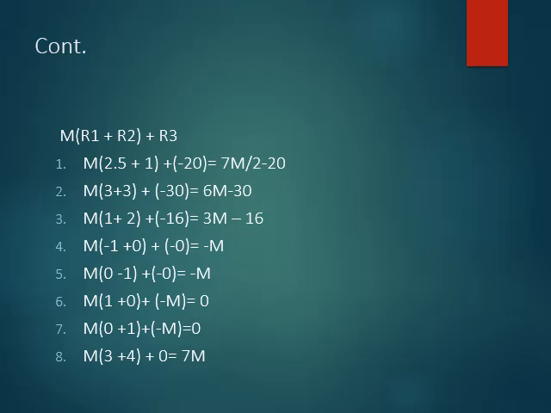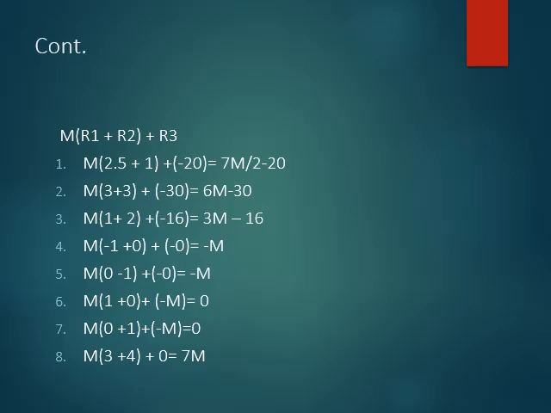Now we are going to apply this formula vertically, looking at the primal table. 2.5 is the coefficient of x1 in row 1, and 1 is also the coefficient of x1 but in row 2.